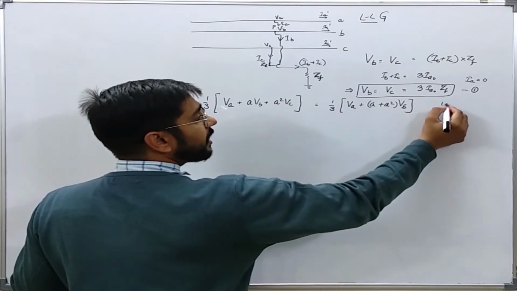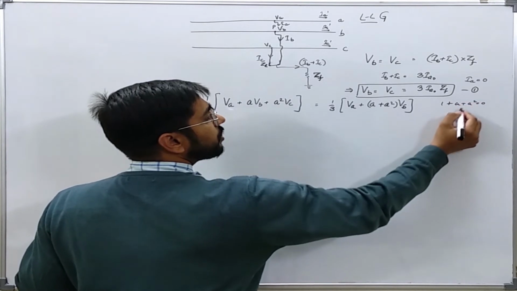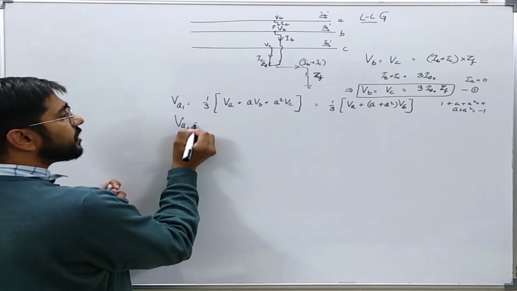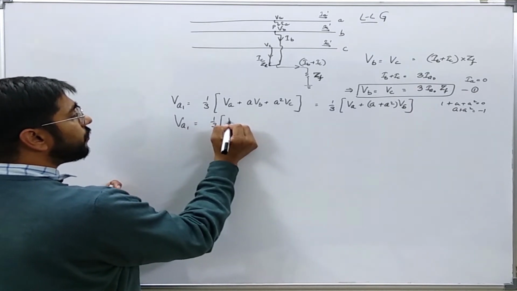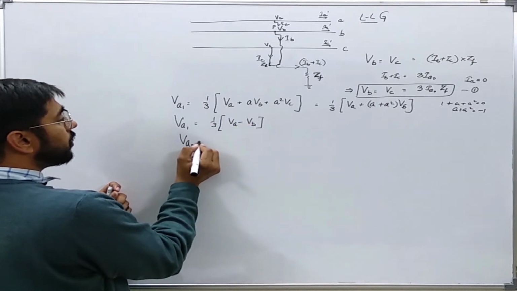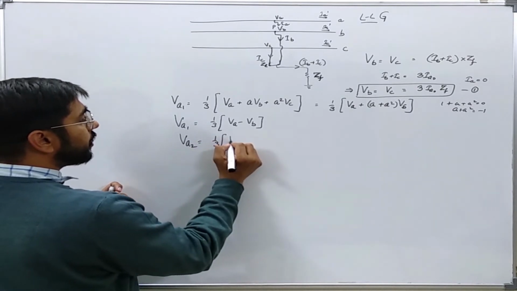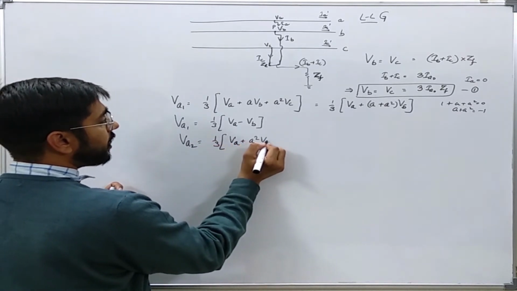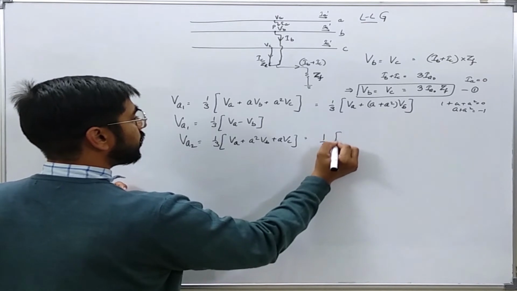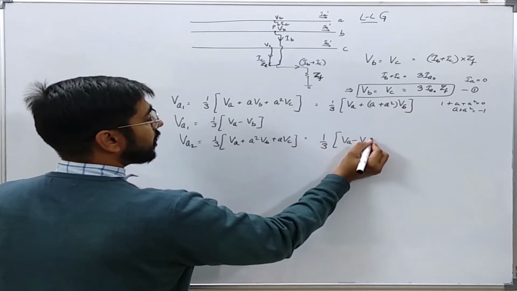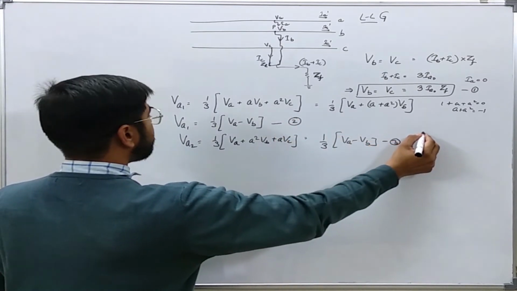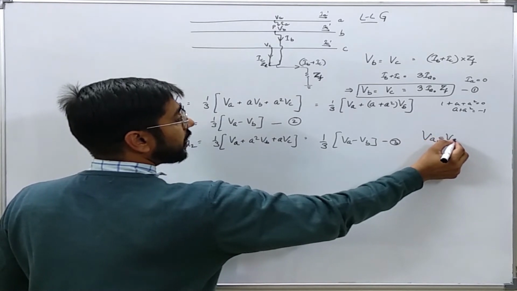Now we know that 1 plus a plus a squared is equal to 0, so a plus a squared is nothing but minus 1. So we can see that VA1 is equal to 1 by 3 (VA minus VB). Similarly, VA2 will come out to be 1 by 3 (VA plus a squared VB plus aVC), or 1 by 3 (VA minus VB). Now from these equations, let us say this is equation number 2, this is equation number 3, we can clearly see that VA1 is equal to VA2.